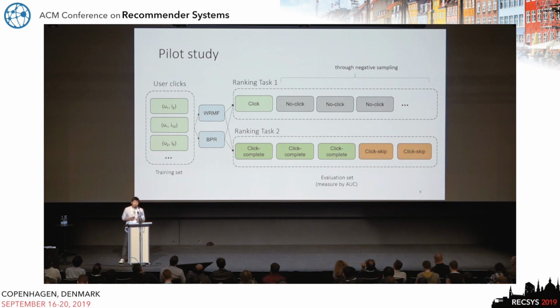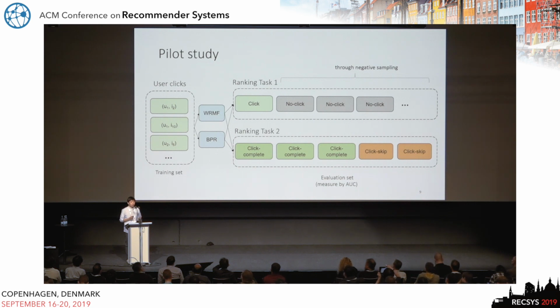We trained two classic recommenders, namely weighted regularized matrix factorization and Bayesian personalized ranking, on the click data alone. Then we evaluate performance on two types of ranking tests. Test one is the standard offline evaluation, where the recommender aims to rank click items above non-click items.